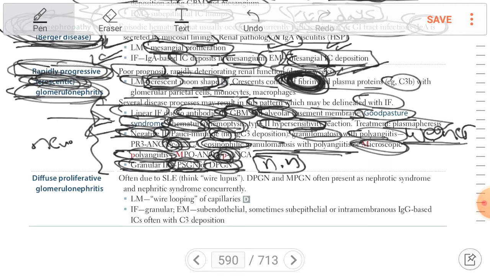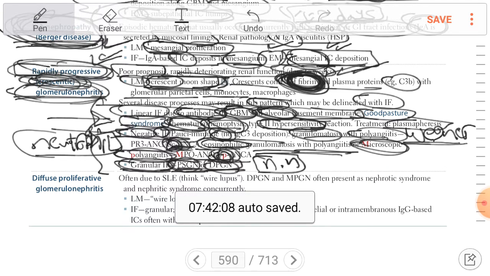Then in the exam they will ask you about the finding of neutrophils. You will ask me, where is the neutrophil here? ANCA: C ANCA and P ANCA. ANCA means anti-neutrophilic cytoplasmic antibody. So there are neutrophils in these diseases.